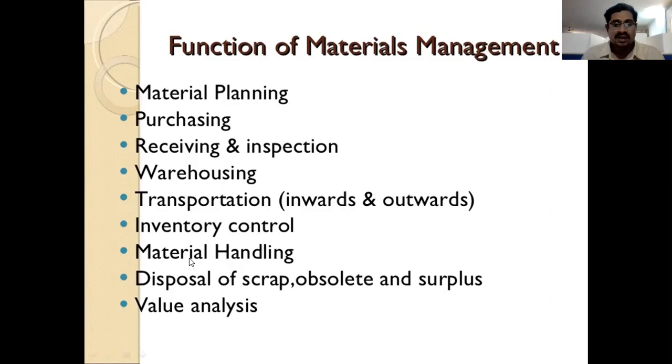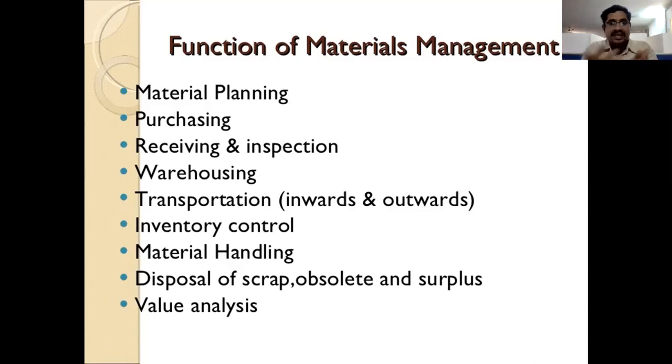Next, coming to another function, materials handling. So, handling techniques. Handle the material from section 1 to section 2. After finishing section 2 processes, handle these materials to section 3. Section 3 process is completed, then section 3 to section 4.